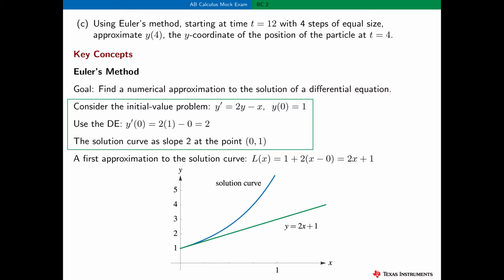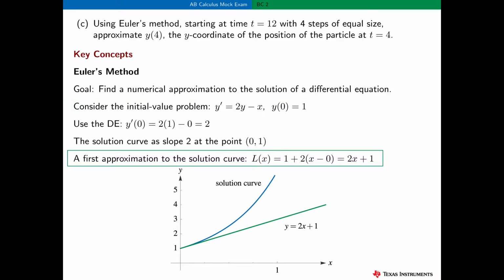Let's consider a specific initial value problem with y prime equal to 2y minus x and y of 0 equal to 1. If we use this differential equation, then y prime of 0 is equal to 2. So we know the solution curve has slope 2 at the point (0, 1).